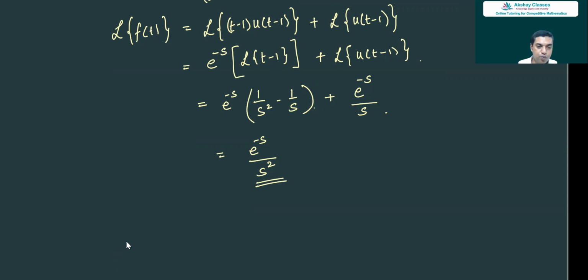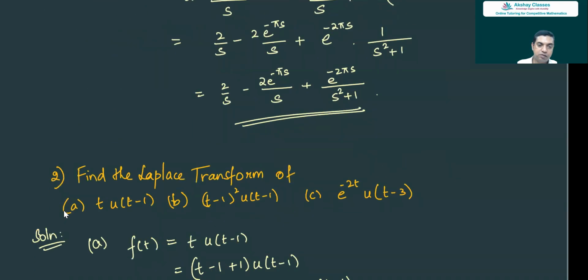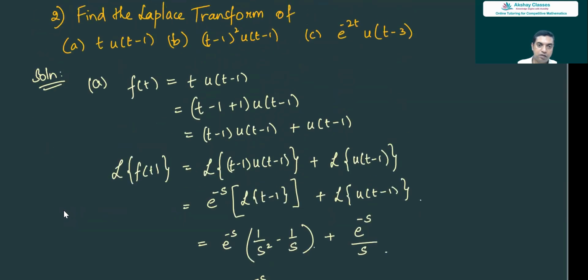Now, what would you do to do the second one? Now, t minus 1 the whole square into u of t minus 1.